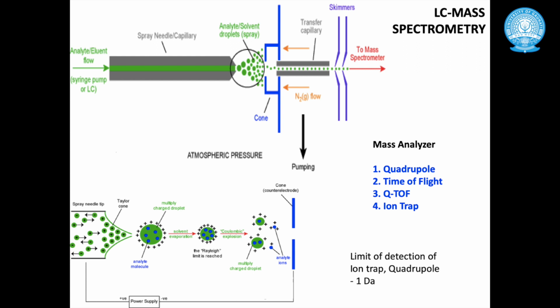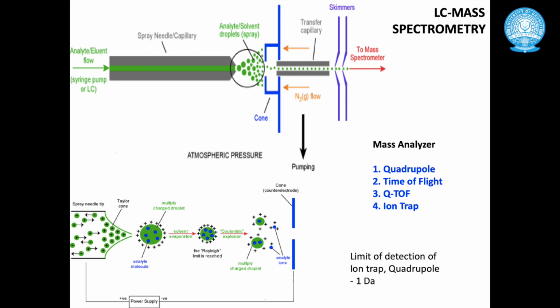So it takes very little time to desolvate the droplets, and during that process the droplets shrink to such an extent that they reach the Rayleigh limit.